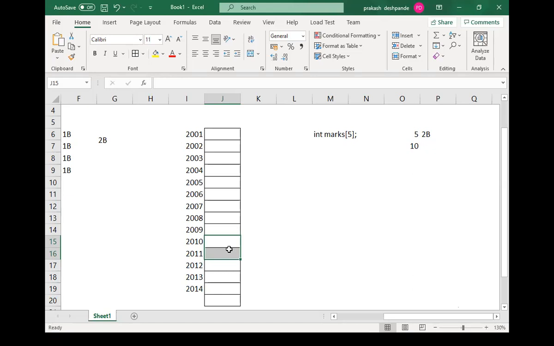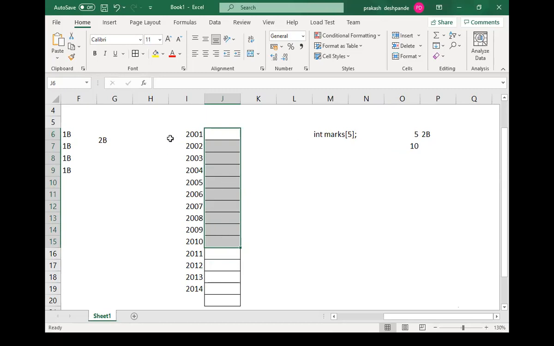So the memory for those elements should be allocated one after the other only. The compiler will tell the computer, find 10 bytes of continuous free memory blocks, and if you find them, allocate them.